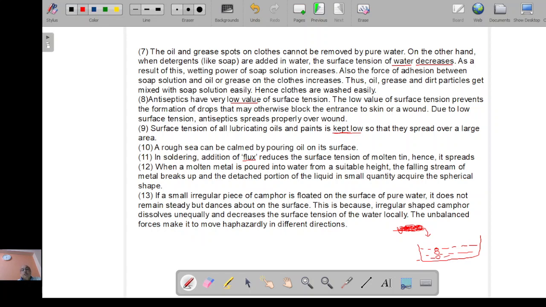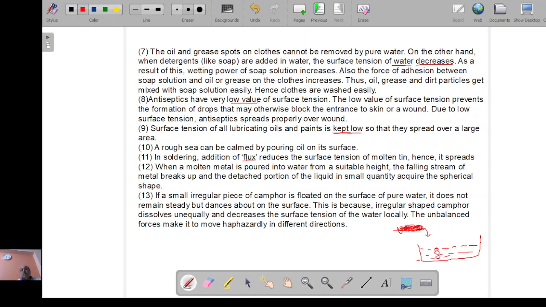Because the surface tension decreases, the unbalanced force makes it move haphazardly here and there in different directions. So these are some examples and applications of surface tension.